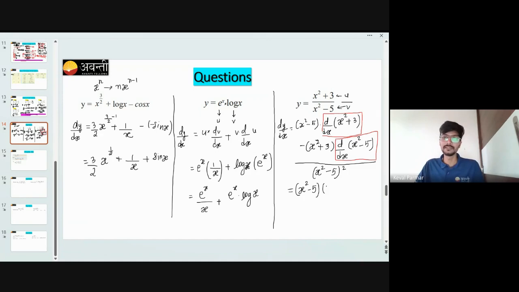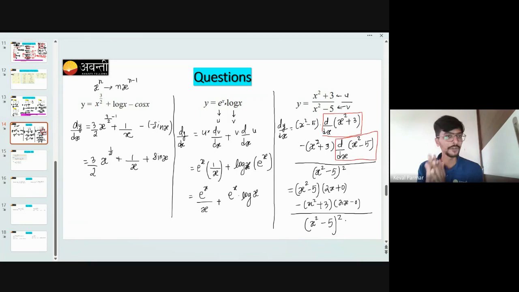Derivative of x square is 2x and derivative of 3 is 0 because it is a constant, minus x square plus 3 into derivative of x square minus 5. Again, derivative of x square is 2x and derivative of 5 is 0. The whole upon x square minus 5 the whole square.